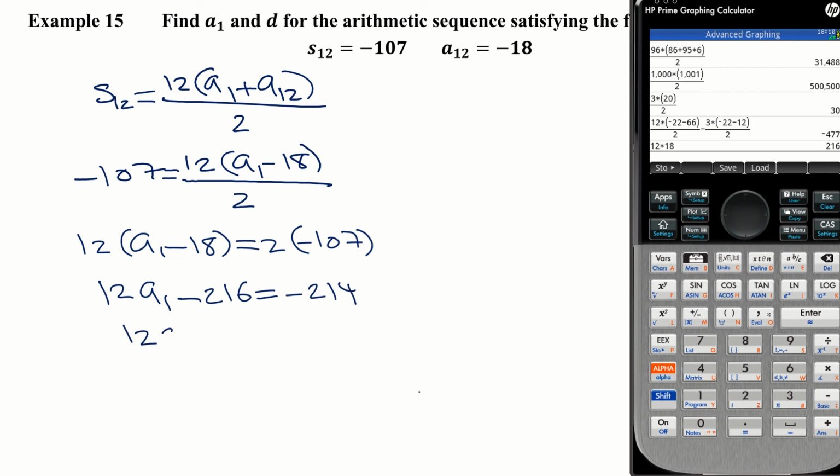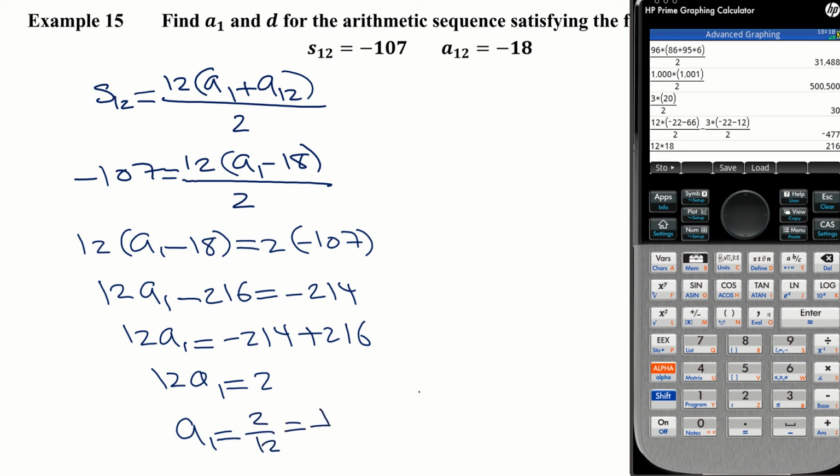So we end up with 12A1 equals -214 plus 216. So 12A1 equals 2, and A1 is going to be 2 over 12, which is 1 over 6. Okay, so we know A1 now. That's 1/6.